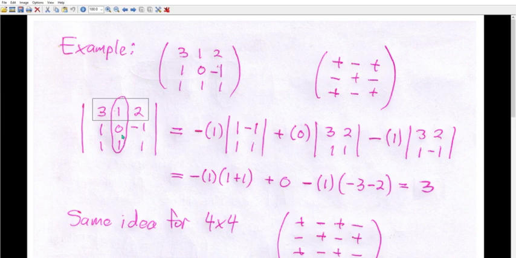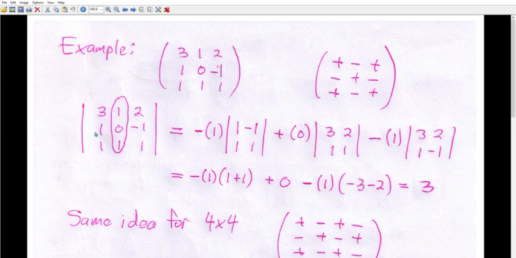Now when we move down to here, we see that 0 is in the second row and second column, so it would go as a plus. However, it's a 0. So the fact that our little 2 by 2, 3, 2, 1, 1 is what goes here is not too important.